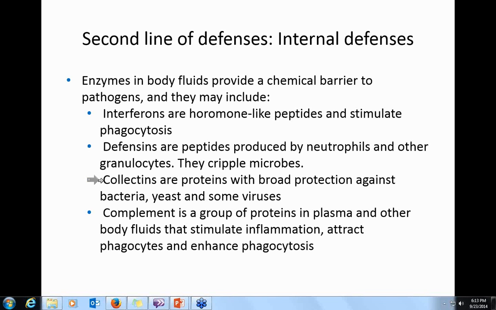Collectins are proteins that protect against a broad range of things, bacteria, yeast, and viruses. Complement proteins, these are a cool set of proteins. These stimulate inflammation, attract phagocytes, enhance phagocytosis, and they can also poke holes in pathogens. It's kind of cool, and we'll show you this in a few slides.